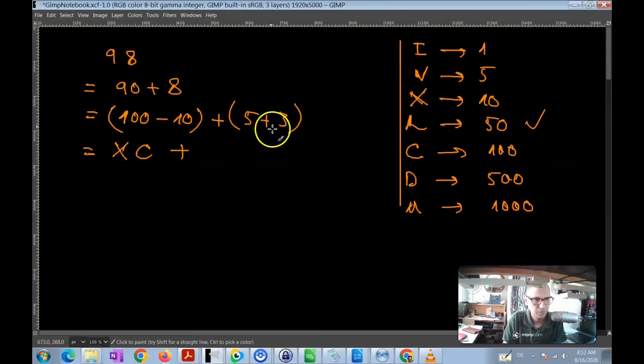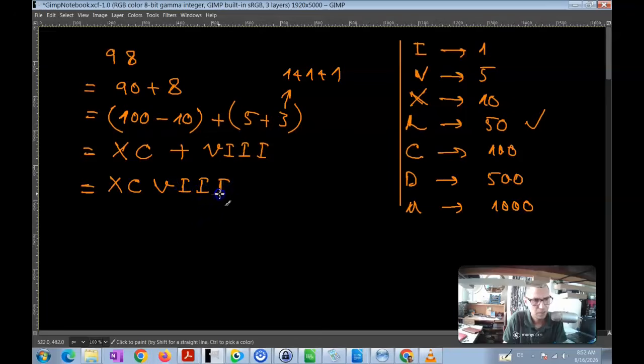And then a 5 would be a V, and you have to add 3 to it. You know that a 3 is a 1 plus a 1 plus a 1, so that would be three 1s on the right hand side, so that they are added to, not subtracted from, the value of 5. And so the number should be XCVIII.